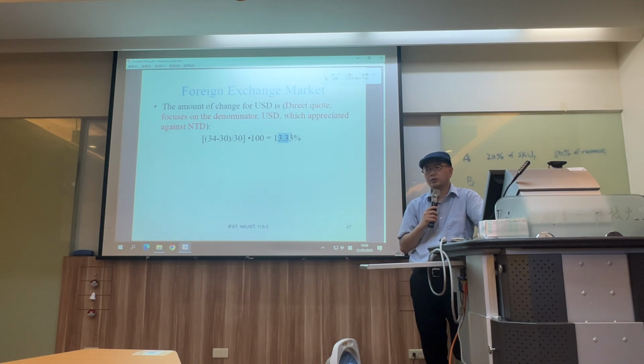So basically, when you are using a direct quote and focusing on the denominator, just use the subsequent exchange rate minus the previous exchange rate divided by the previous exchange rate, then you can obtain that.